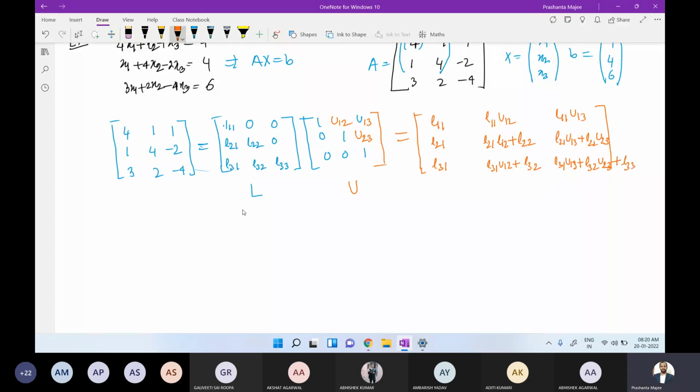So this is the matrix after multiplication.